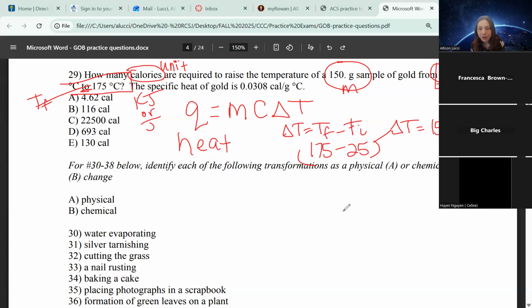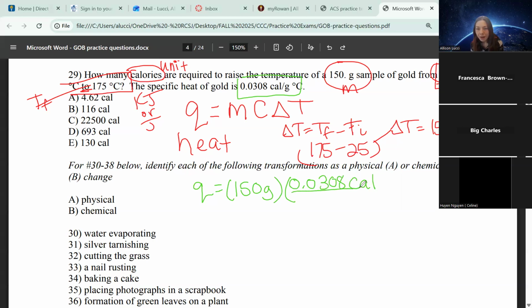And I'm going to write down below here because I ran out of space. So we have our Q calculation is going to be my mass in grams, my C, which is given right here. Notice the unit's almost the same, joules per gram degree Celsius or Kelvin, but now we're in calories. So we're going to plug this in the same way that we would a different specific heat capacity, that was given in joules or kilojoules.